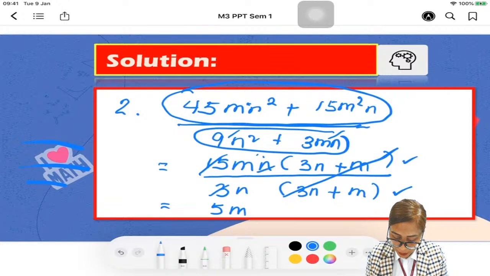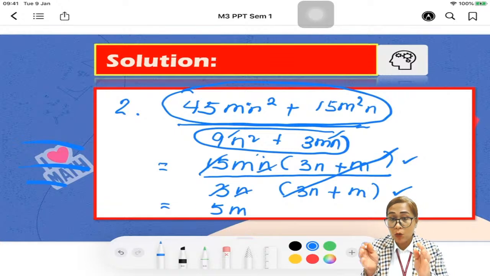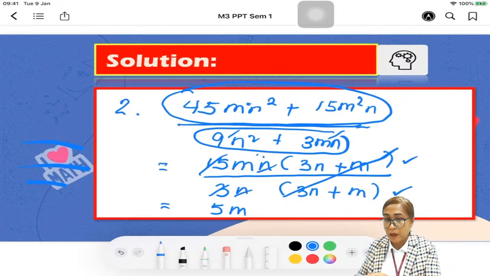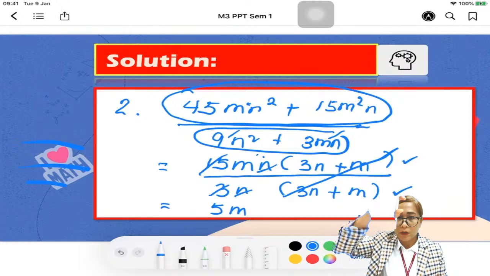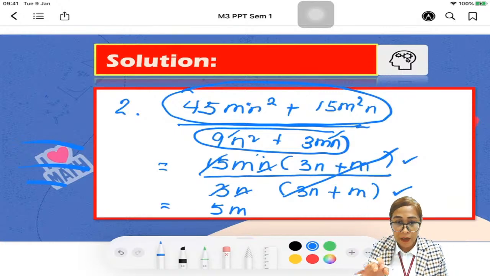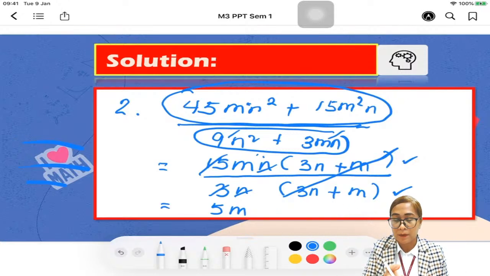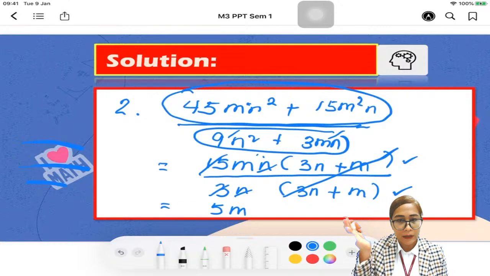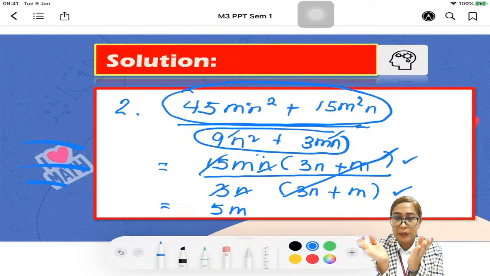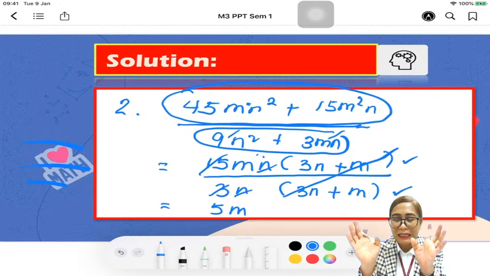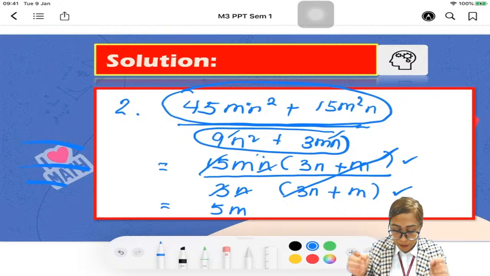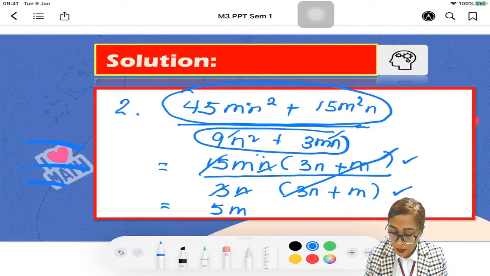Cut n and n. So we cut everything from the numerator and the denominator, because these are the common numbers or letters. Cut it because we have to simplify. So the answer is 5m.